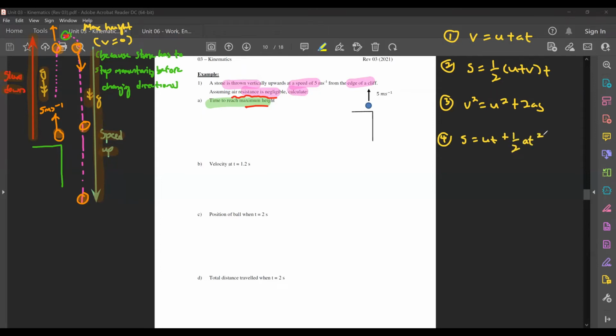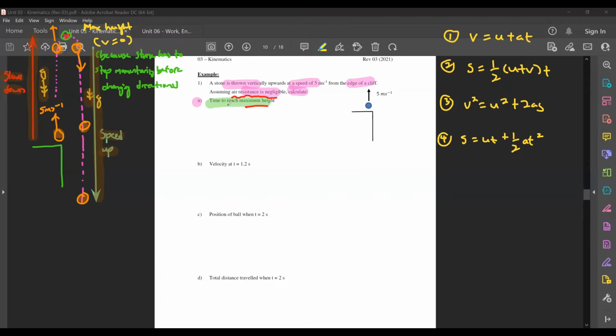Okay, so let's look at part A then. For part A, one of the ways you can do it is to always try to work out what variables you know, what variables you do not know, and for the variables you do not know, which one you actually want to know and which one is unwanted.